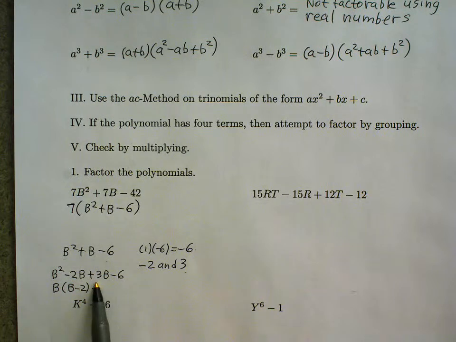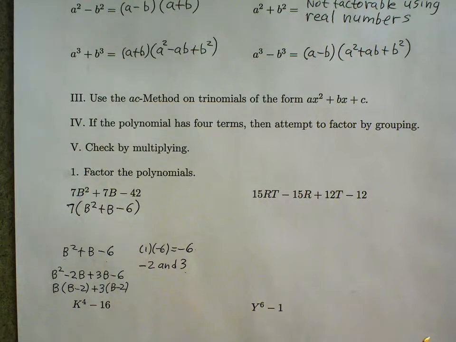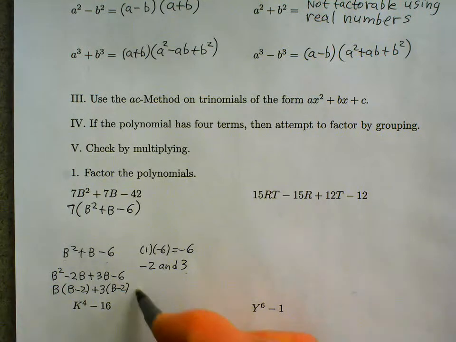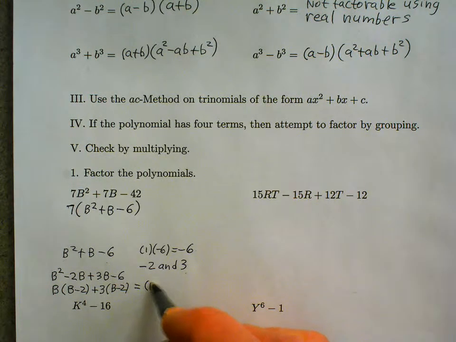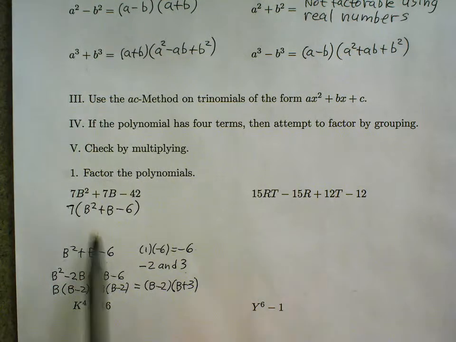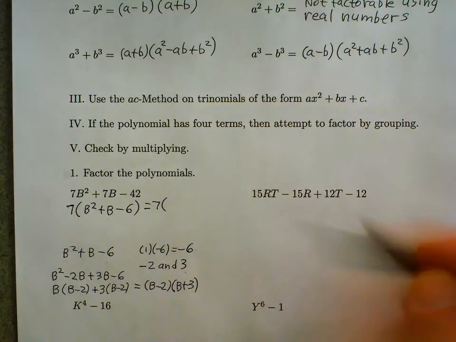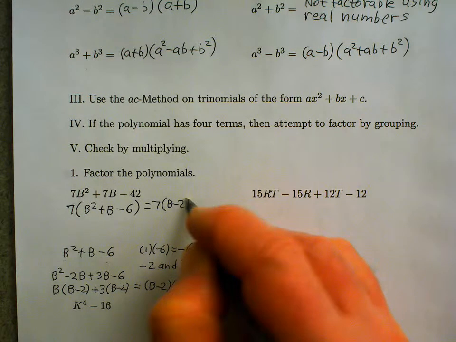And then out of the third and fourth terms, 3b minus 6, we can factor out 3. And the binomial b minus 2 stays behind. So this factors to b minus 2 times b plus 3. So our complete factorization up here is 7 times b minus 2 times b plus 3.